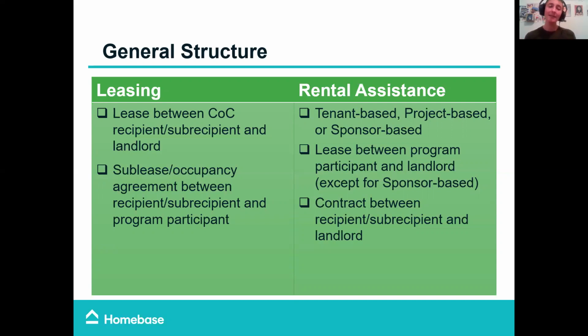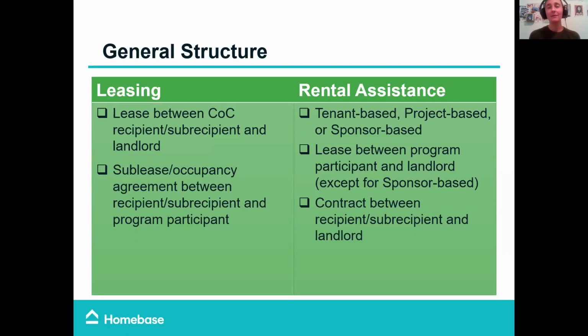So in leasing dollars, the structure of leasing is always going to look pretty much the same. There is a lease between the grant recipient, so that's the provider, the program, and a landlord. So the program is actually master leasing the unit, and then of course the tenant or the program participant has a sublease or maybe an occupancy agreement, depending on the type of project, with the provider.